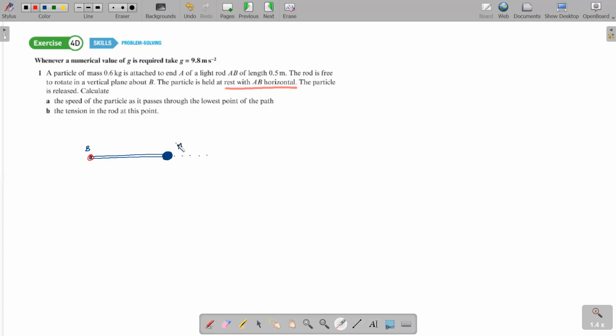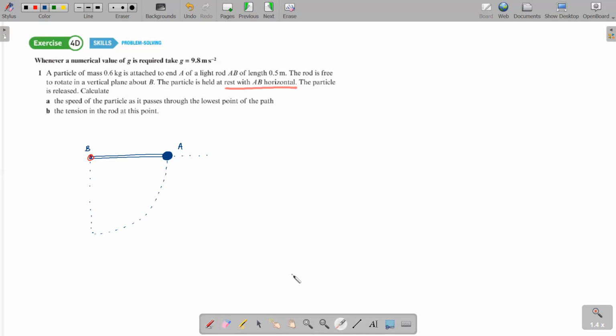So guys, when you release particle A, what happens? I think you can see this. When you release, it starts to fall down. Particle A starts moving down, isn't it? Can you guys see the movement? You start moving down following the circular path.